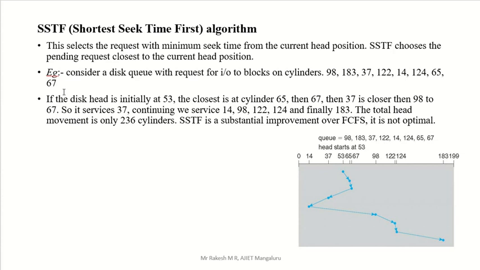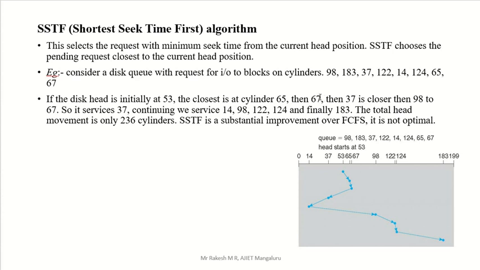If the disk head is initially at 53, the closest cylinder is cylinder 65. Now the 65th block is closest to 53. Yes, it is closest, that's why it jumps to 65 and serves that block.